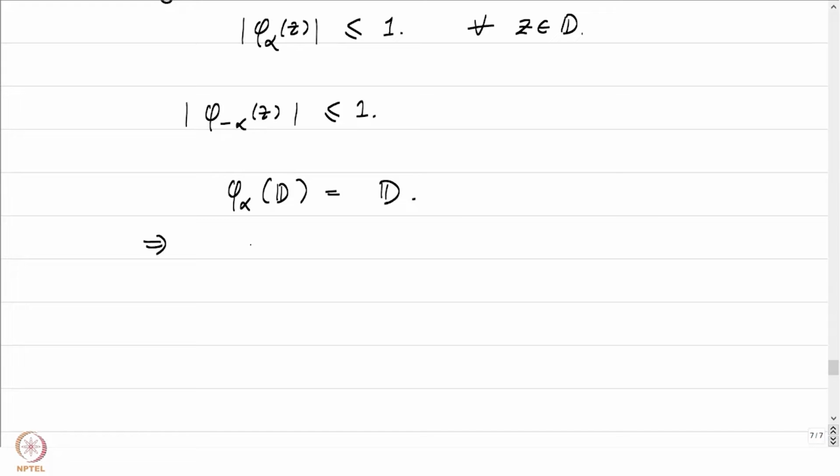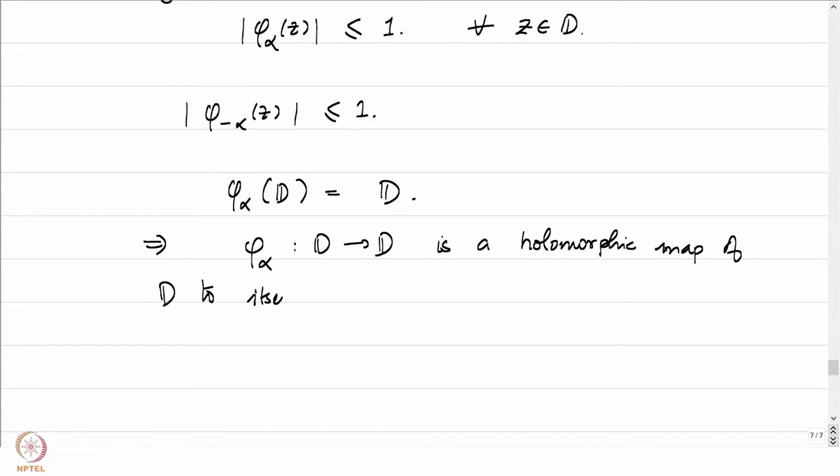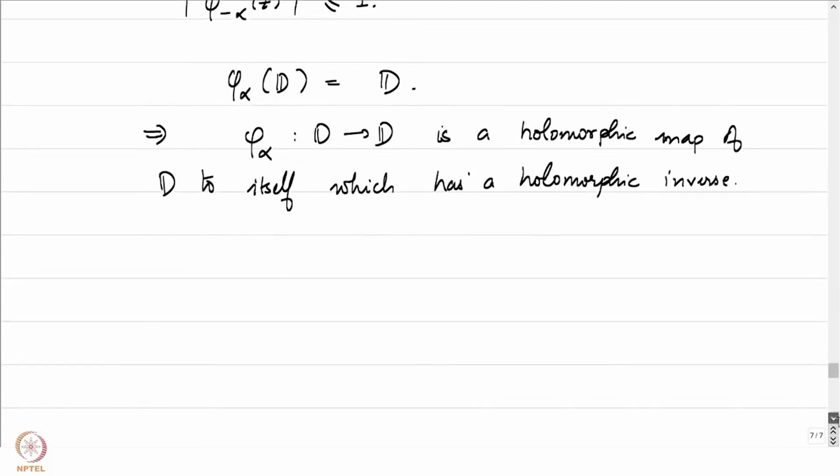That means that phi alpha from D to itself is a holomorphic map of D to itself, which has a holomorphic inverse. And that's precisely the definition of an automorphism of a domain omega.